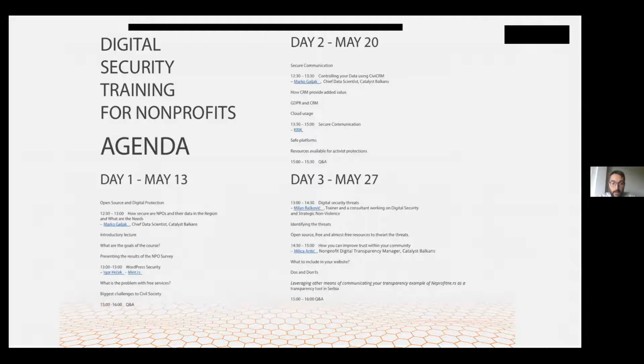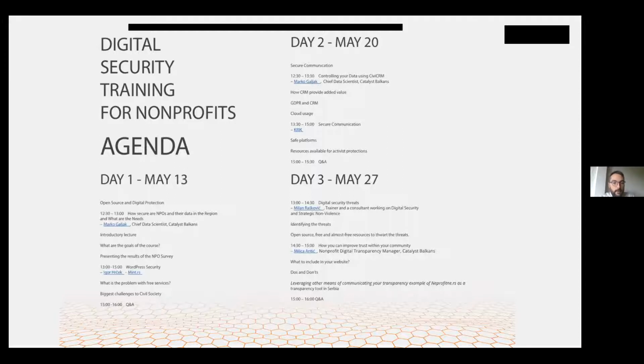Today, one of the concrete software tools that our nonprofit survey that I was quoting revealed to us is WordPress. Many of the organizations use WordPress, almost all organizations have a WordPress site.